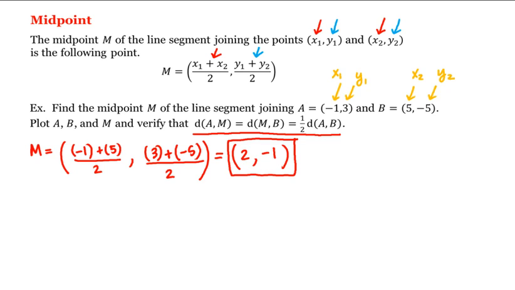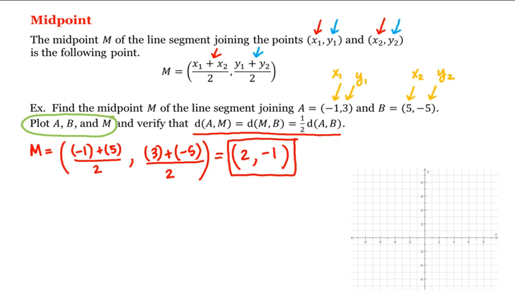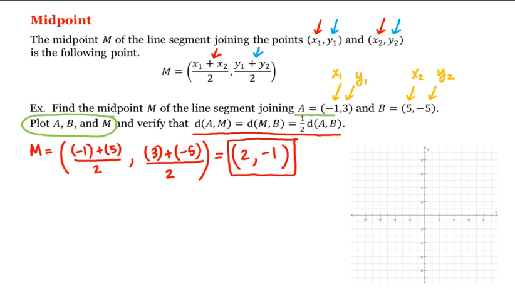All right, so now let's plot A, B, and M. We're given that A is located at the point -1, 3. So x equal to -1 is here, y equal to 3 is here, which means this is the point A, which is -1, 3.